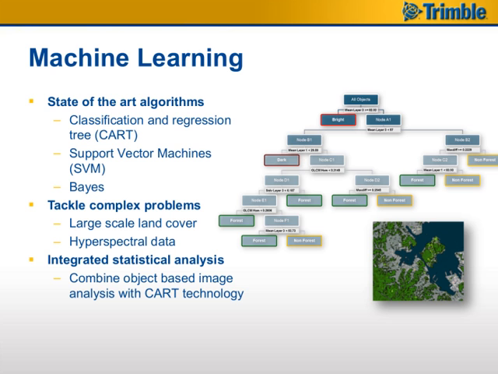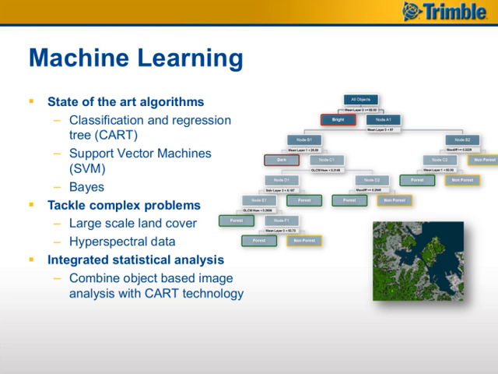Let's move now to the new machine learning techniques. The best approach for large-scale land cover mapping tasks is often statistical classification methods. eCognition 8.7 now offers some state-of-the-art machine learning algorithms like CART and support vector machines.